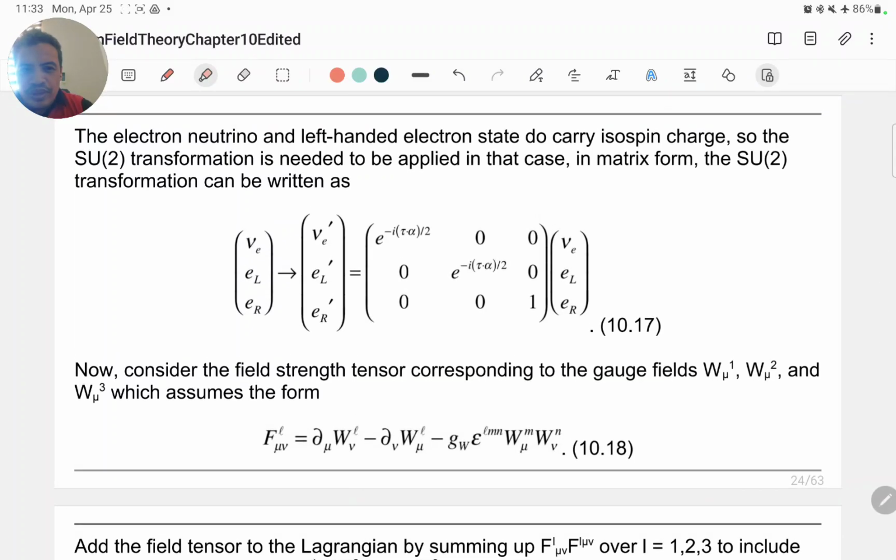So our transformation matrix for SU2 can be reduced to this 3x3 matrix. You have the first diagonal as this, and this one for the first two, and the last one you can write as 1 because your right-handed Dirac spinors are invariant in that transformation.